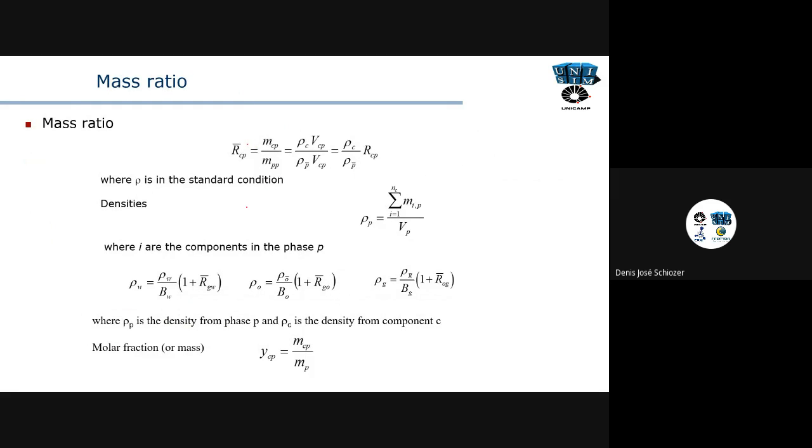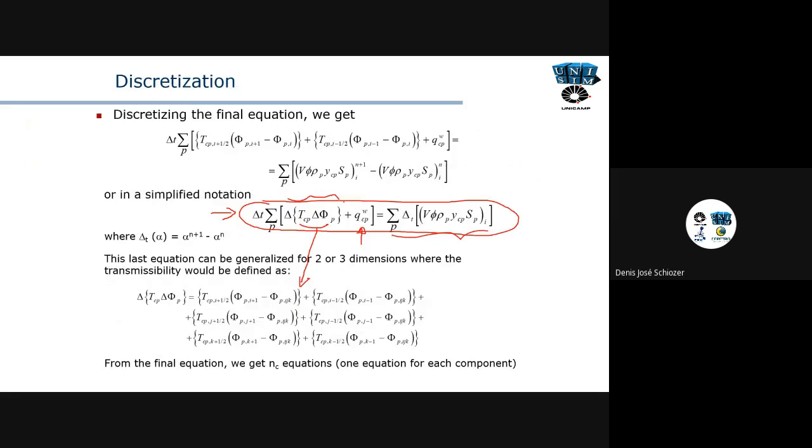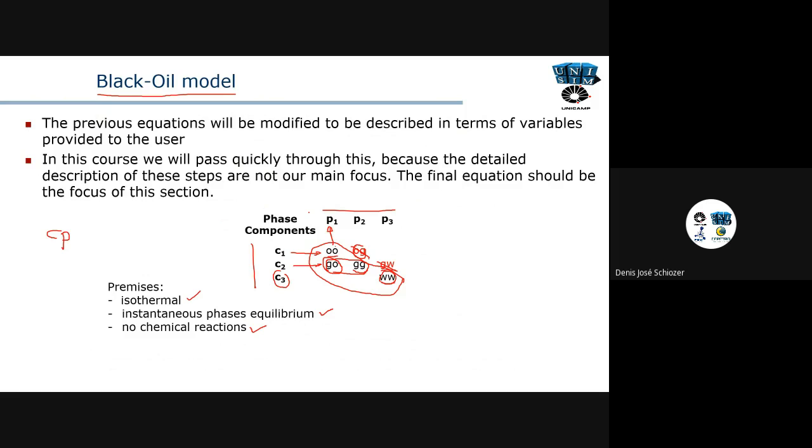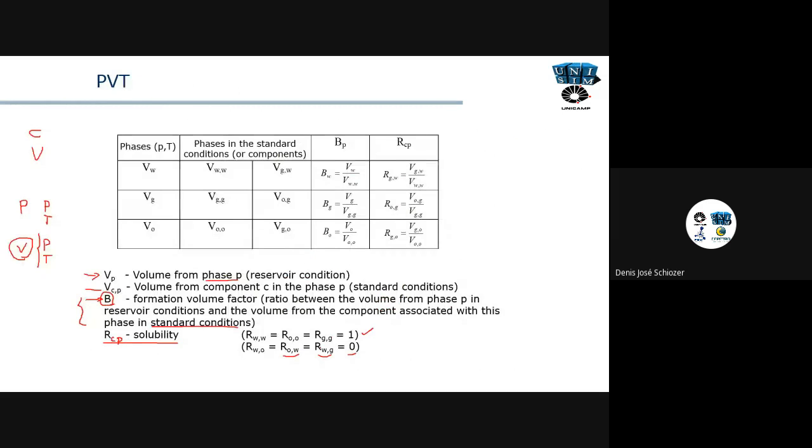So here I'm going to go very fast because it's not our intention to give you details in the equation. So once we're going to write these equations here in terms of black oil formulation, we have to convert everything using the variables that we have measured in the laboratories.